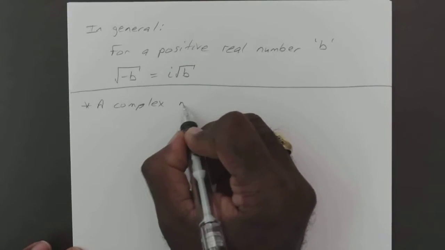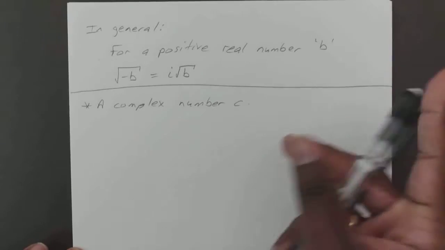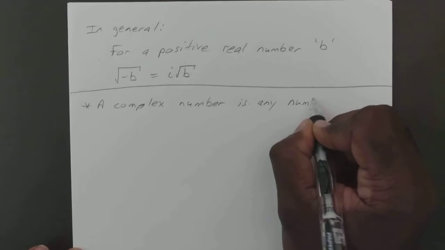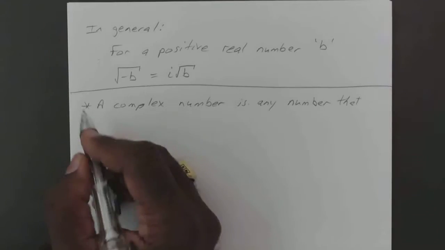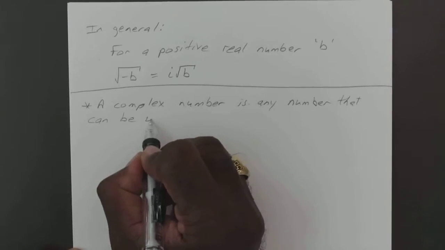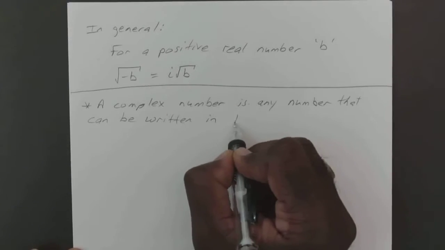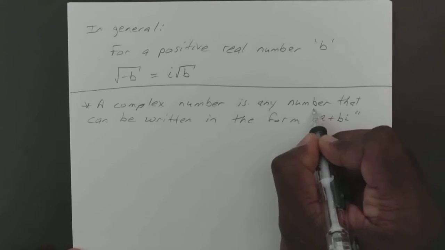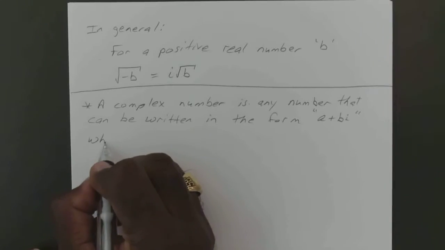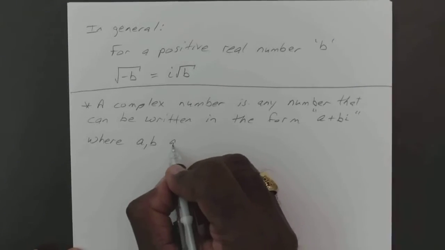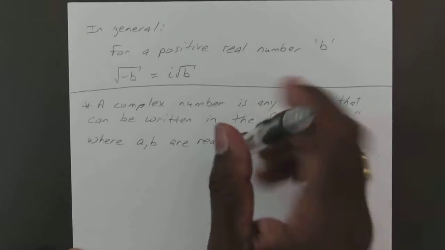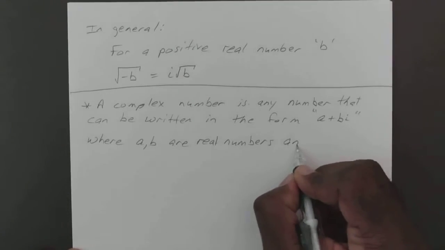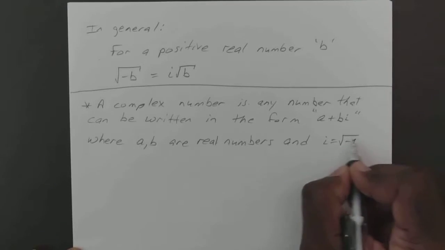A complex number is any number that can be written in the form a plus bi, where a and b are real numbers, and i is equal to the square root of negative 1.